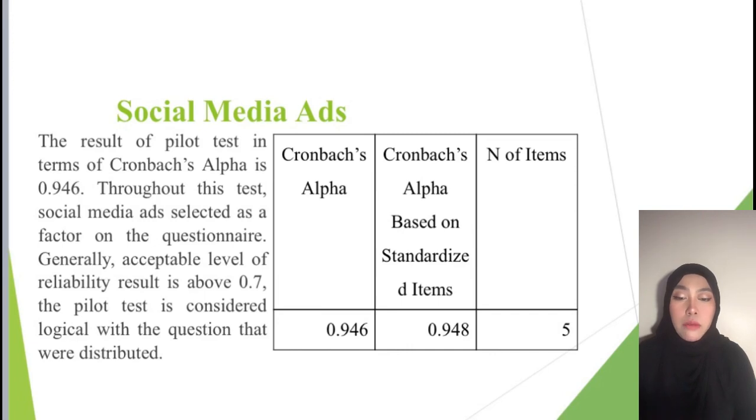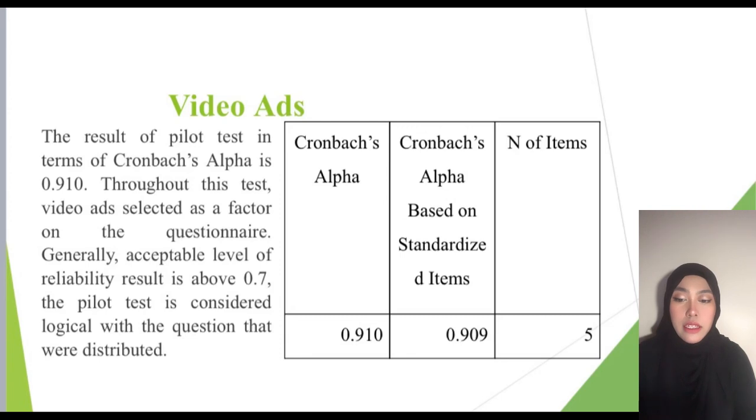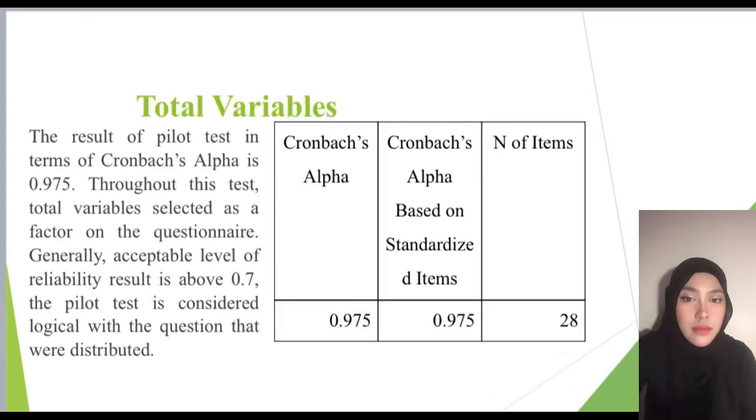And lastly, for video ads, the result is 0.910. For the total variable, the Cronbach's alpha is 0.975.